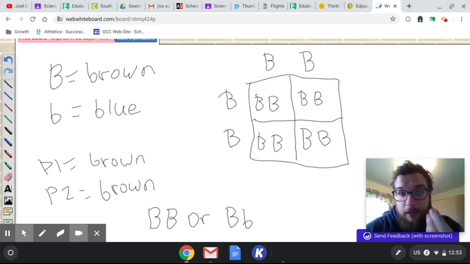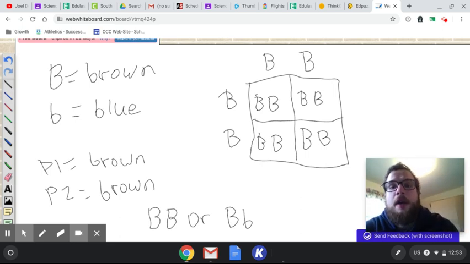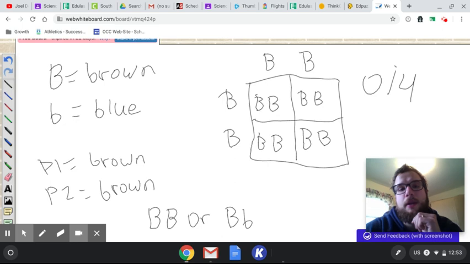In fact, all of them have two dominant traits. So you can tell right away it is physically impossible, except for some kind of mutation or strange thing happening, for two big B parents to have a recessive offspring. It is a 0 out of 4 chance that these two parents could have a blue-eyed offspring.